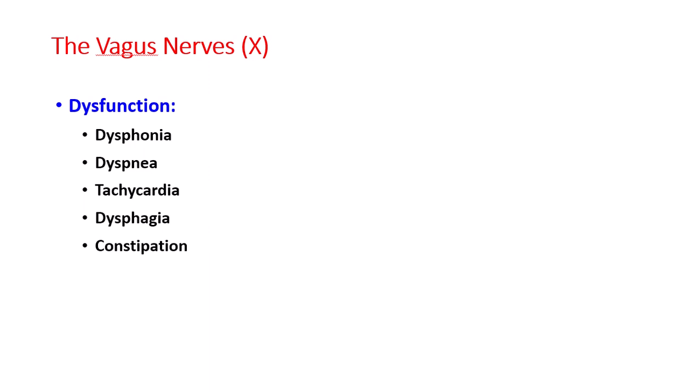Tachycardia is that normally the parasympathetic system is reducing cardiac activity, and if that is damaged, then the sympathetic system is taking over, and the person has a fast heart rate. Dysphagia, because the esophagus is supplied by the vagus nerve, and if it's not working, the person has difficulty swallowing.